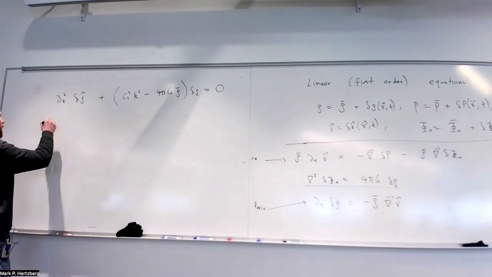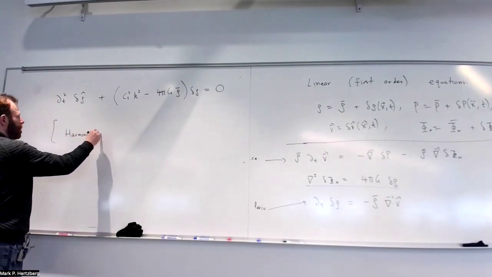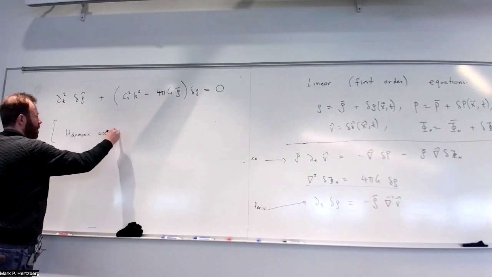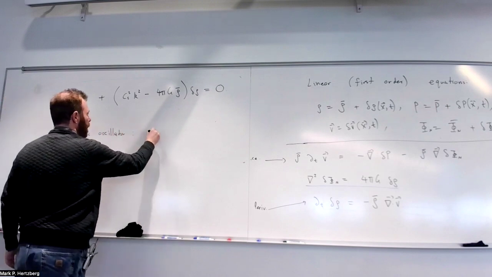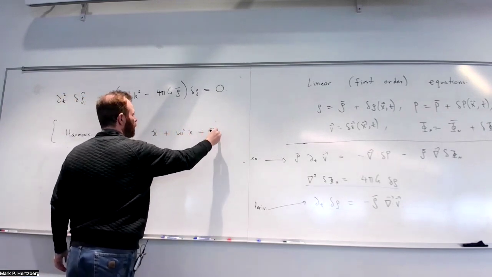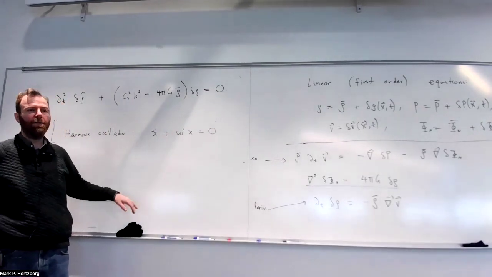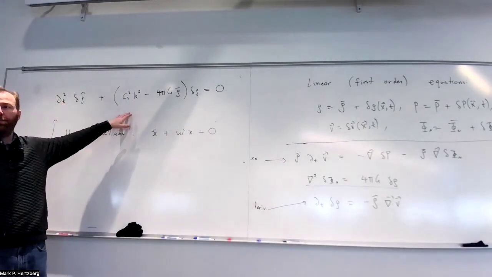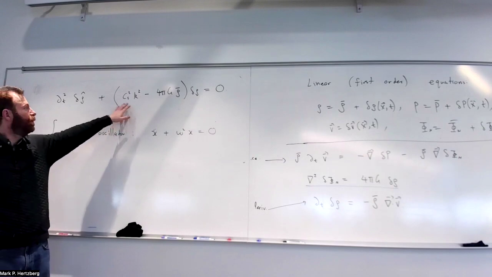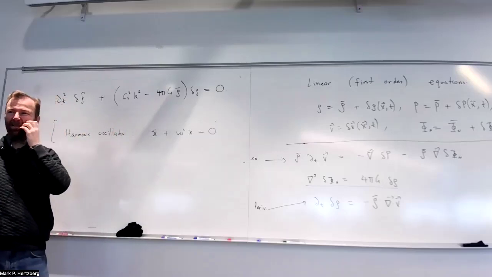So this kind of looks like a harmonic oscillator: x double dot plus omega squared x equals 0. But now we're no longer sure whether this prefactor that I called omega squared is positive or negative. There's a plus term coming from pressure and a minus term coming from gravity.